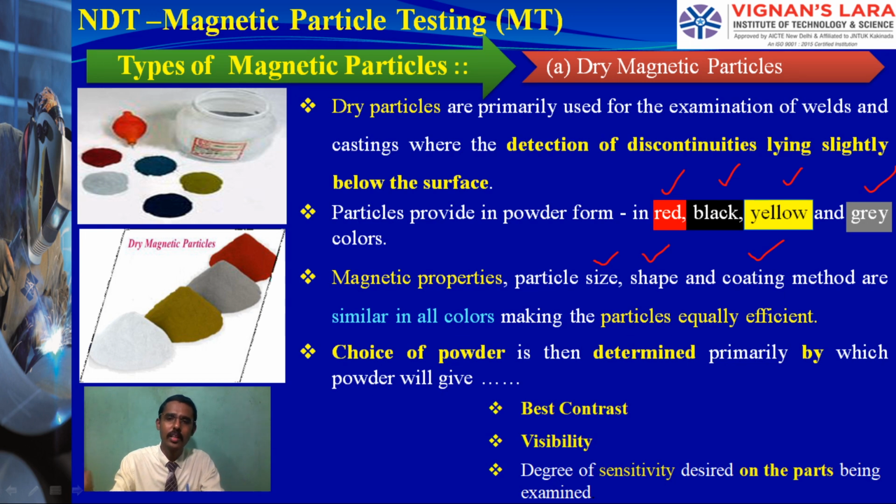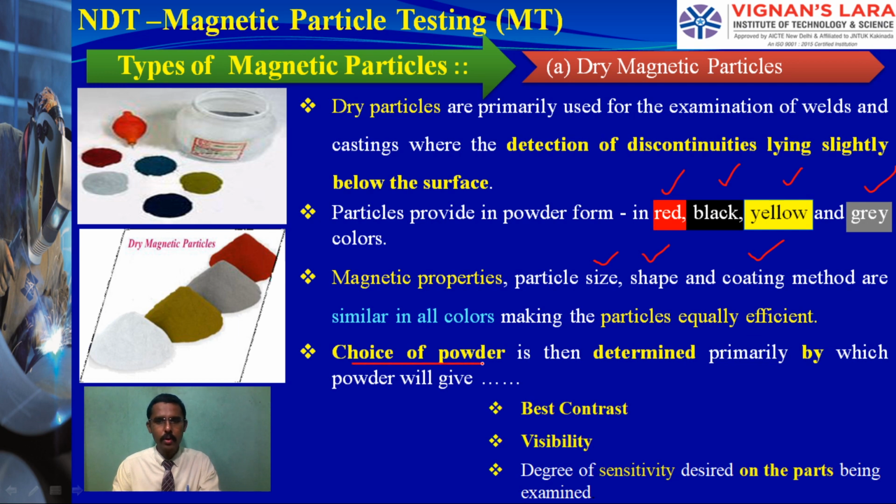We are not bothering about properties, because the ferromagnetic material has those properties. It has the same permeability, same retentivity, same size, shape, and coating. These magnetizing properties are all common, but it only differs in color, as we need a contrast, so we use different colored materials.